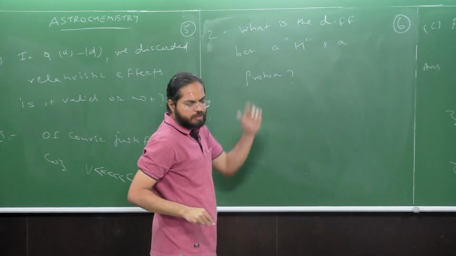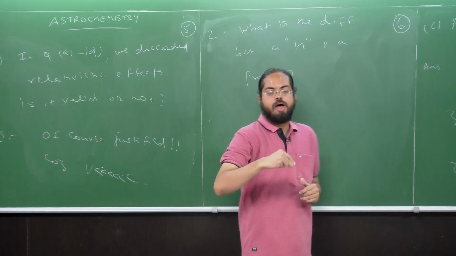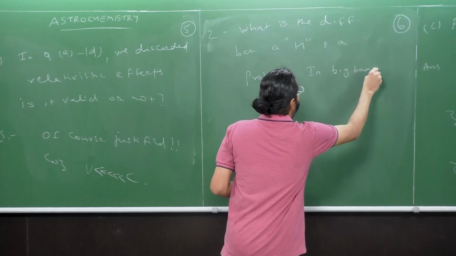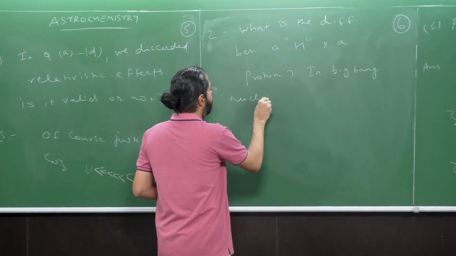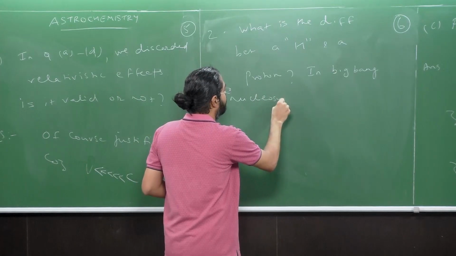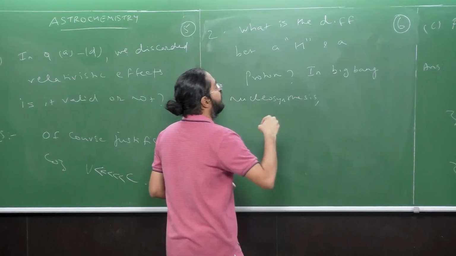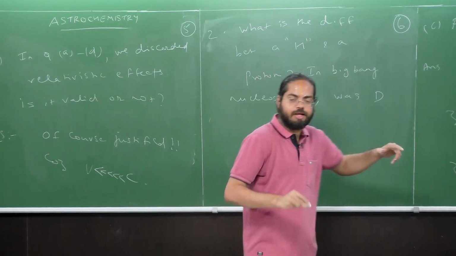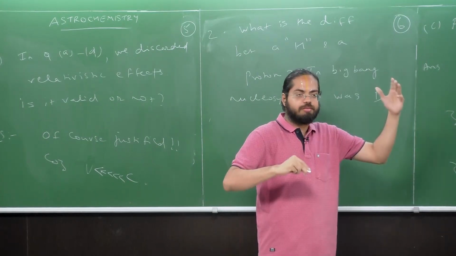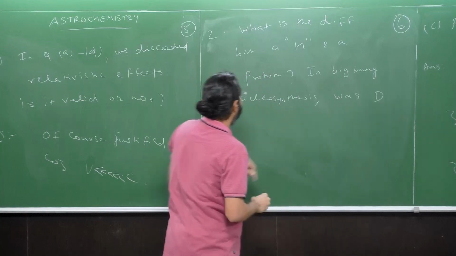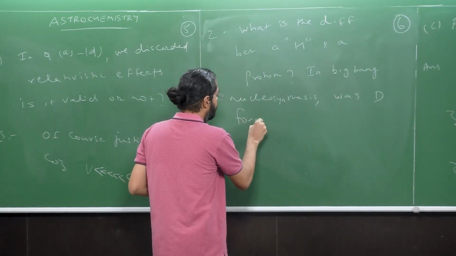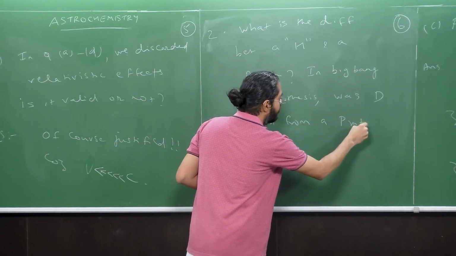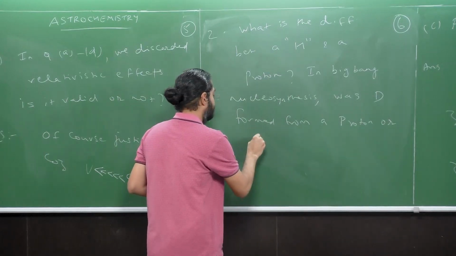And as part of it, yet another question is going to be that, in Big Bang nucleosynthesis, was deuterium, which is the isotope of hydrogen, 2H1, right, formed from a proton or a hydrogen?